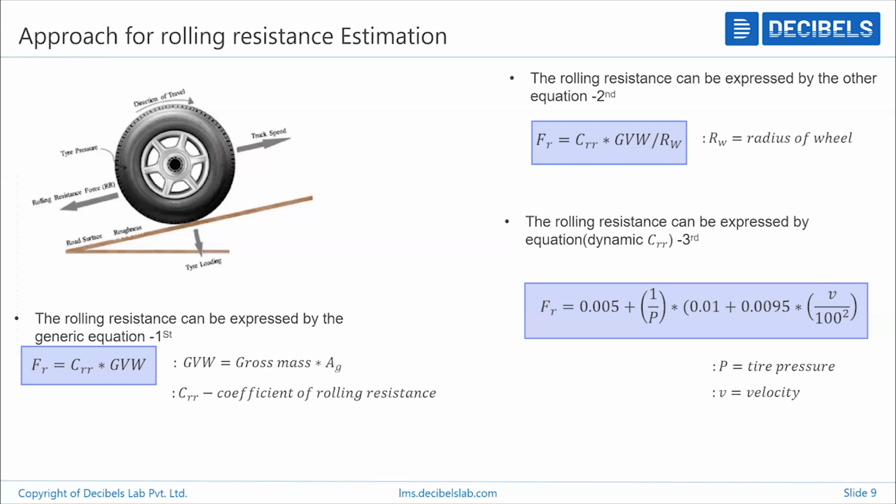Considering all this, there is a constant term generally represented as CRR, the coefficient of rolling resistance. This is a generic equation. If you want to define it more precisely, considering the tire pressure and the velocity, there is one more equation here, which you can call the dynamic CRR.